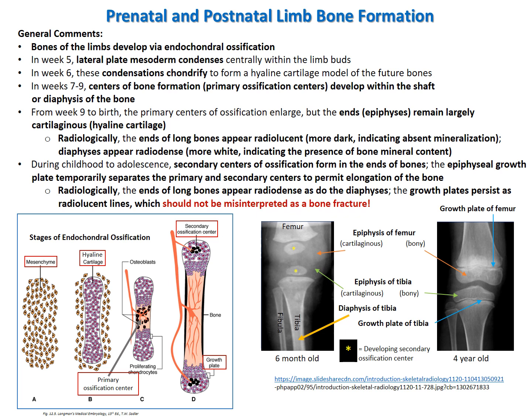The epiphyseal growth plate temporarily separates the primary and secondary centers to permit elongation of the bone. Radiologically, at this older age, the ends of long bones appear radiodense, as do the diaphyses. The growth plates, because they are cartilage, persist as radiolucent lines, which should not be misinterpreted as a bone fracture.